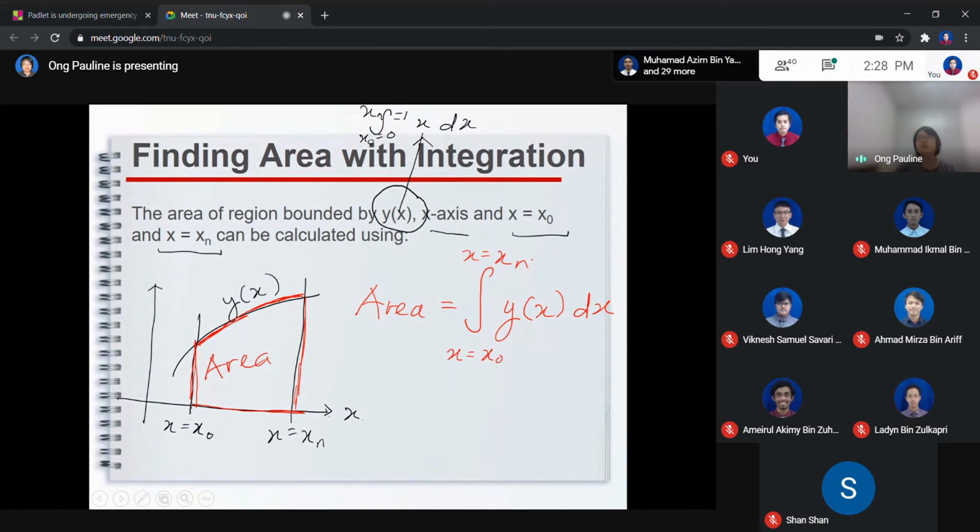So this is the relationship between the area of the region and the integration.